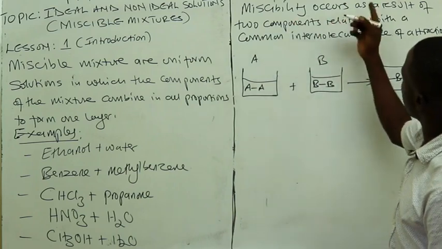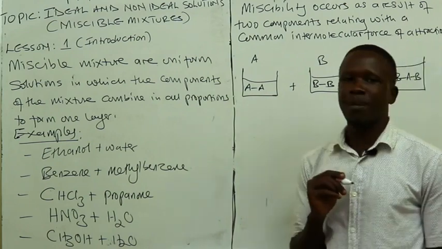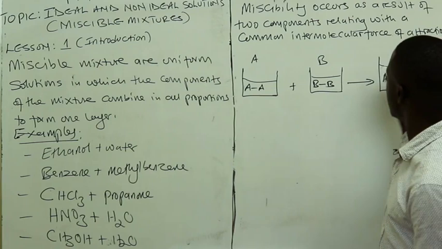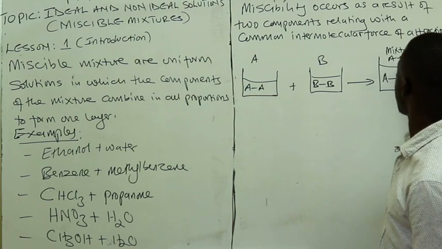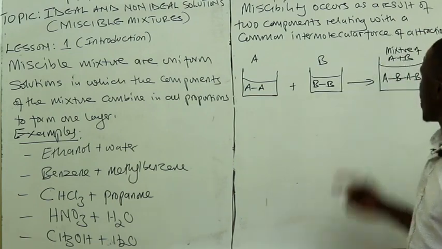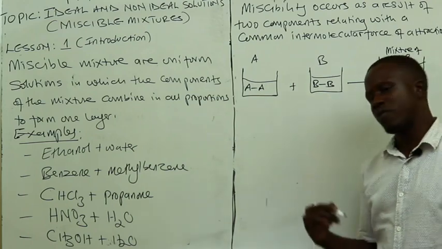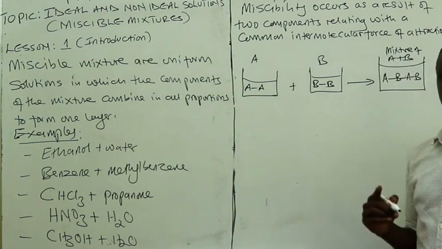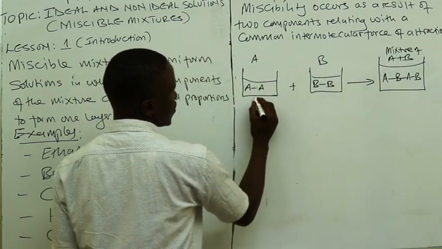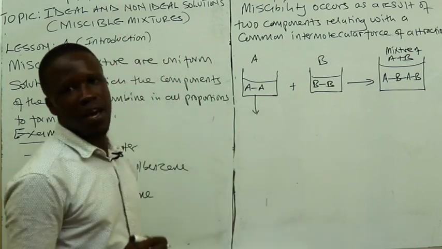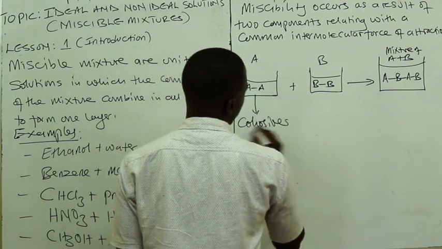That's why I'm saying miscibility occurs as a result of two components relating with a common intermolecular force of attraction. So this is the mixture of A and B. For us to form a uniform layer, A molecules must interact with molecules of B through a common intermolecular force of attraction. So here, we can say that the forces between A and A, between similar molecules, we call the cohesive forces of attraction.